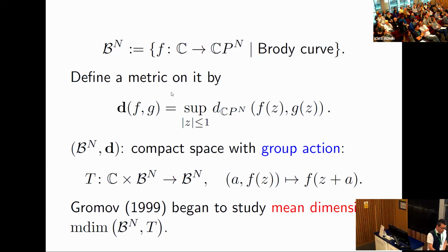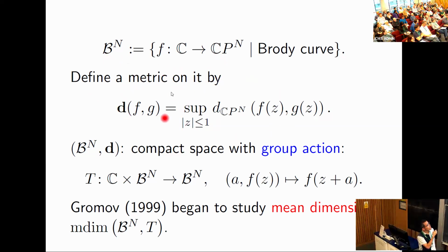Today I want to study the space of Brody curves and the group action on it. Let B_N be the space of Brody curves in CP^N. So we consider all Brody curves in CP^N, and its topology is given by the standard compact-open topology. More explicitly, we define a metric on this space by this formula.